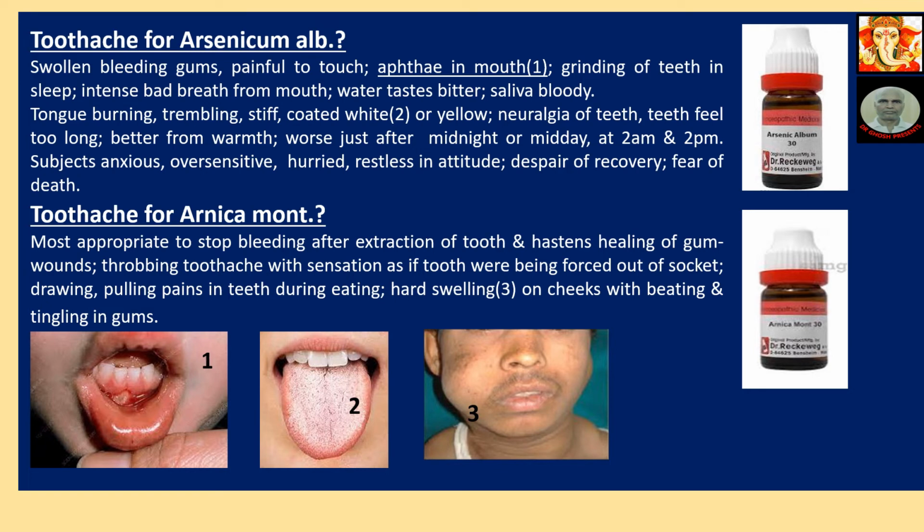Throbbing toothache with sensation as if tooth were being forced out of socket, drawing, pulling pain in teeth during eating, hard swelling, picture 3, on cheeks with beating and tingling in the gums. And picture 2 is actually this, tongue coated white in case of arsenic.